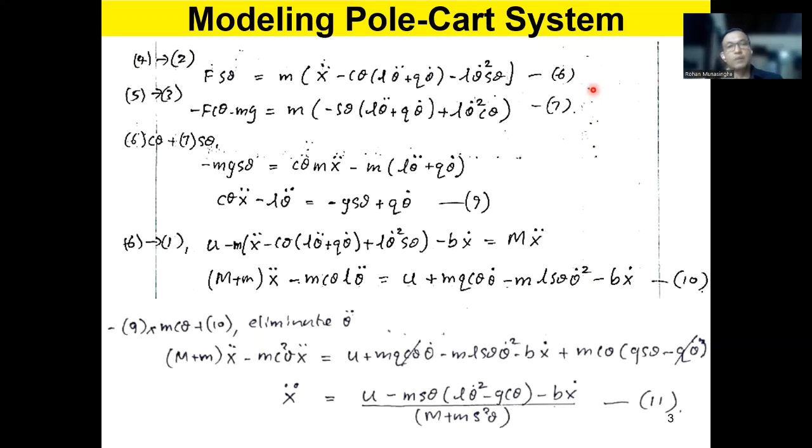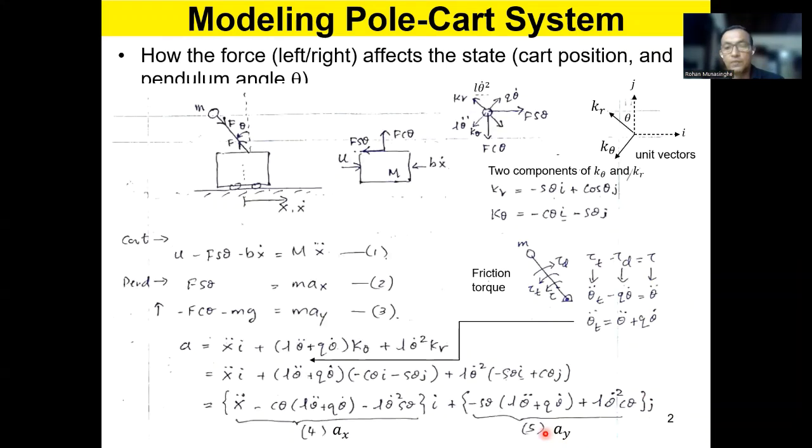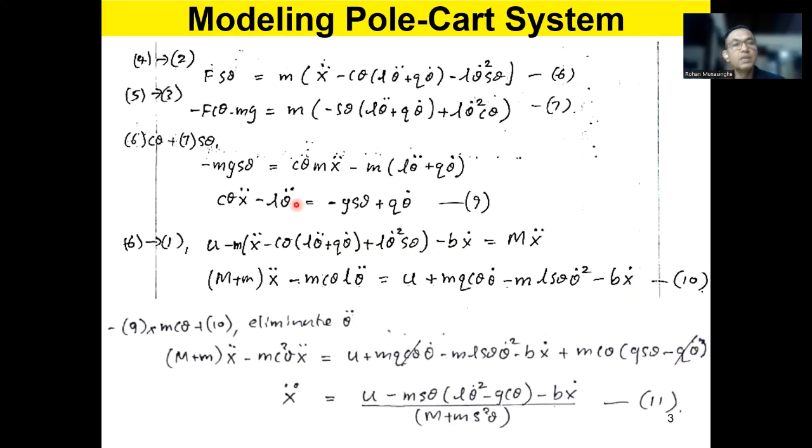You simply substitute the horizontal acceleration from equation 4 into equation 2. And from 5, that is this one, the vertical acceleration, you substitute that into equation number 3 to get equation number 7. All right.